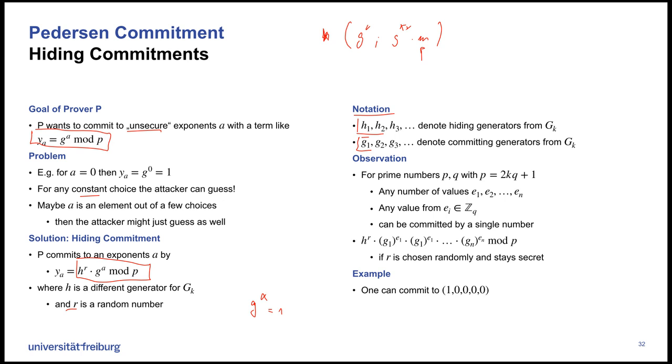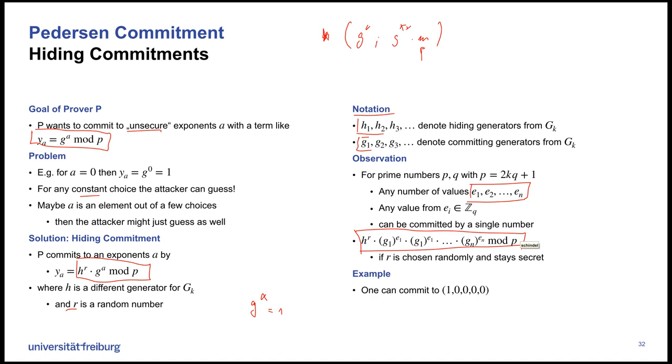Okay, so that means if we have a set of values e1 to en, we can commit with this term. We take h to the r, where r is random and stays secret, and then you have some number of exponents.